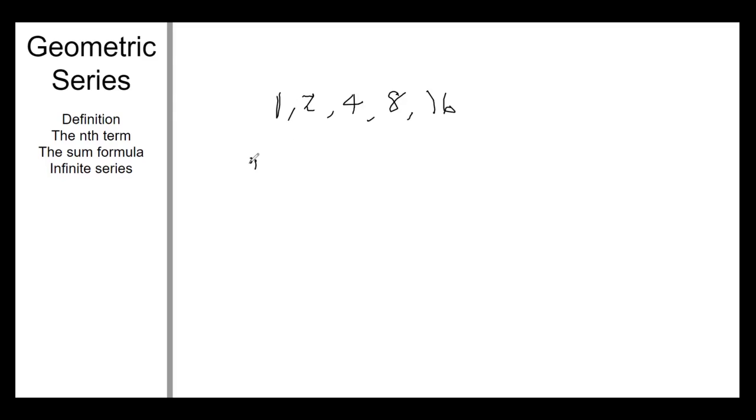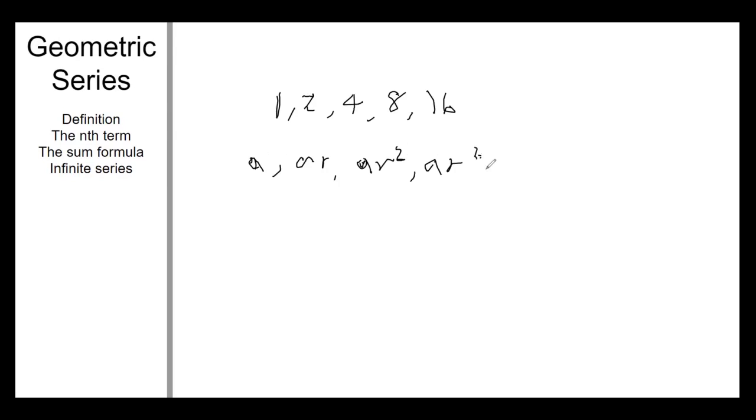So we can write this with A as the first term, and then usually we use R for the common ratio. So it's A, AR, AR squared, AR cubed, and so on.